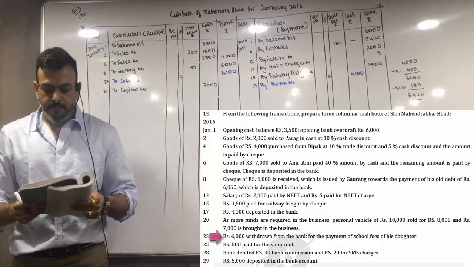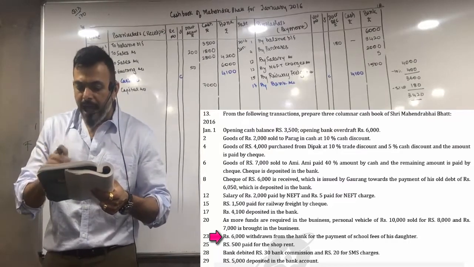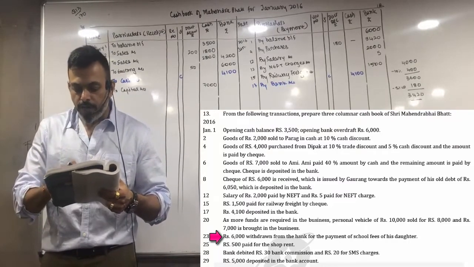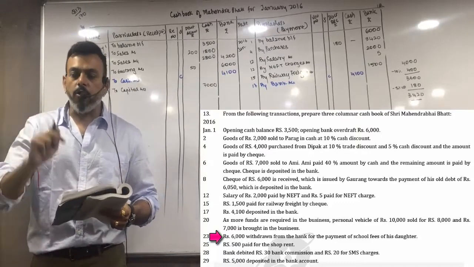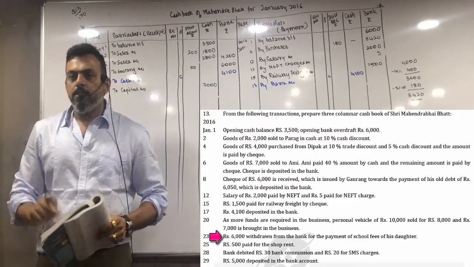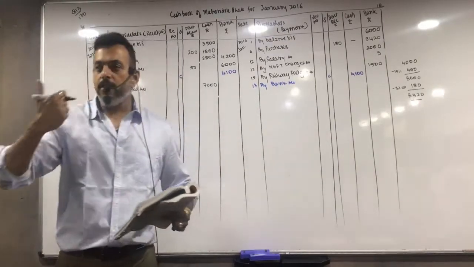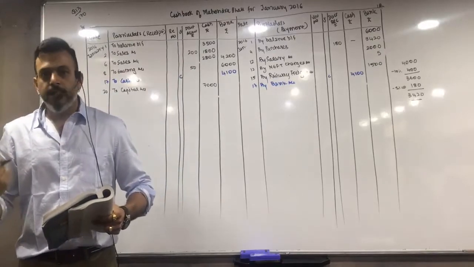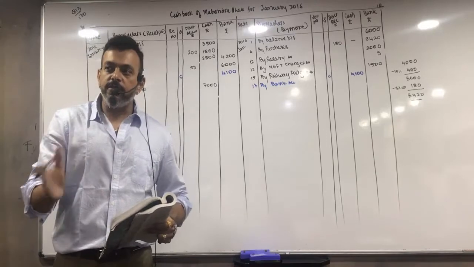23rd. Pay attention please. 6,000 withdrawn from the bank for payment of school fees of daughter. So will it be contra or will it be drawings? Drawings. Because the owner went to the bank and directly took that money for personal use. So who is the giver? Bank is the giver. And who is the receiver?